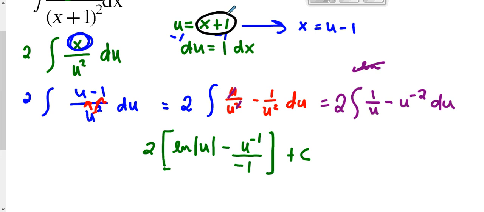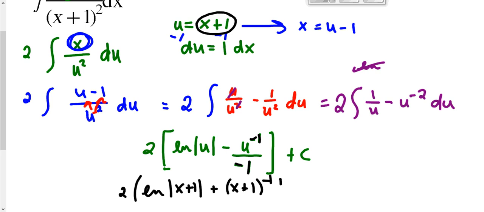And we can simplify this negative exponent and dividing by a negative 1. So this is 2 times the ln of the absolute value of x plus 1. We have to leave the absolute value because x plus 1 could be negative. This will be plus x plus 1 to the negative 1 plus c, because a negative and a negative will make a positive.